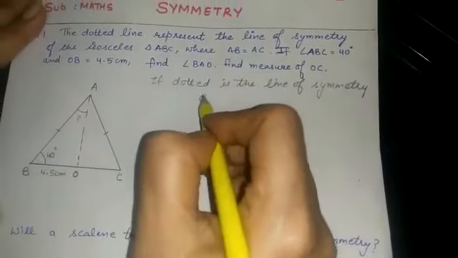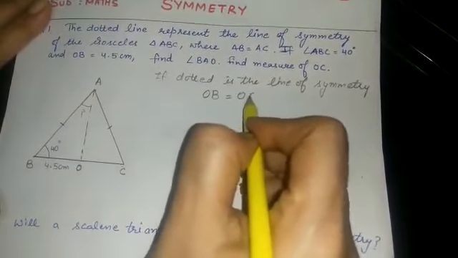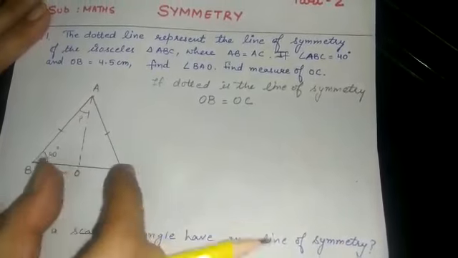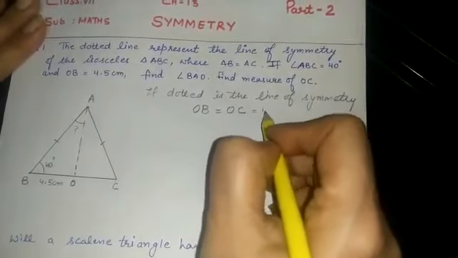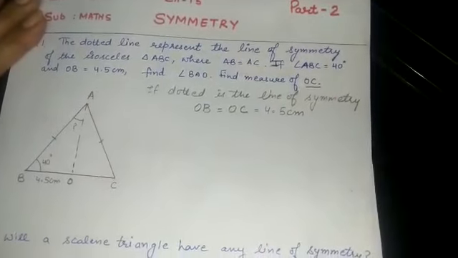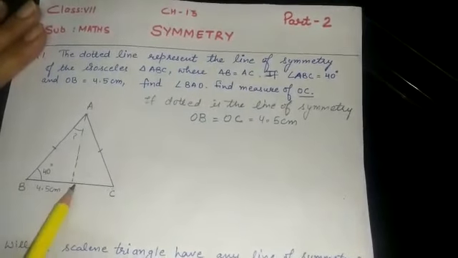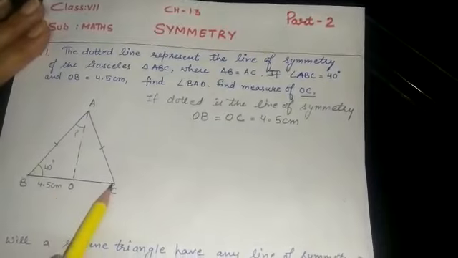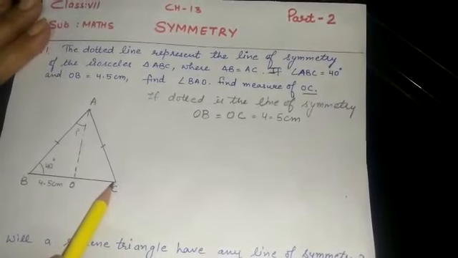We can say that OB is equal to OC because the two parts are identical, so their measurements are equal. Because OB is given as 4.5, OC must be equal to 4.5 centimeters.